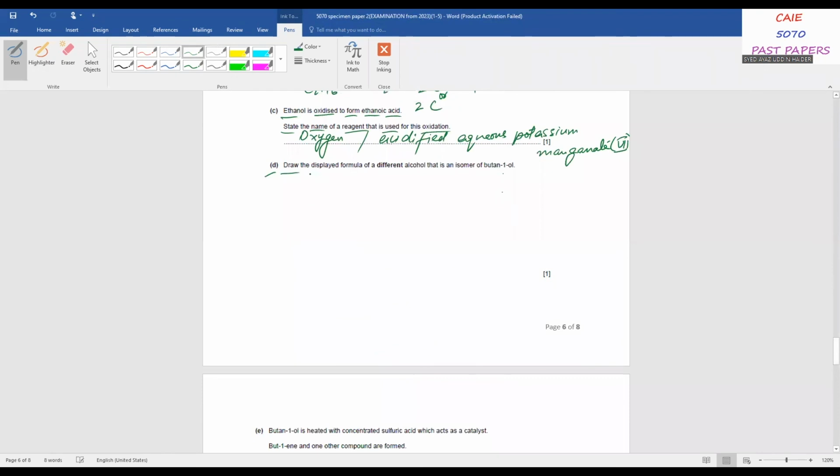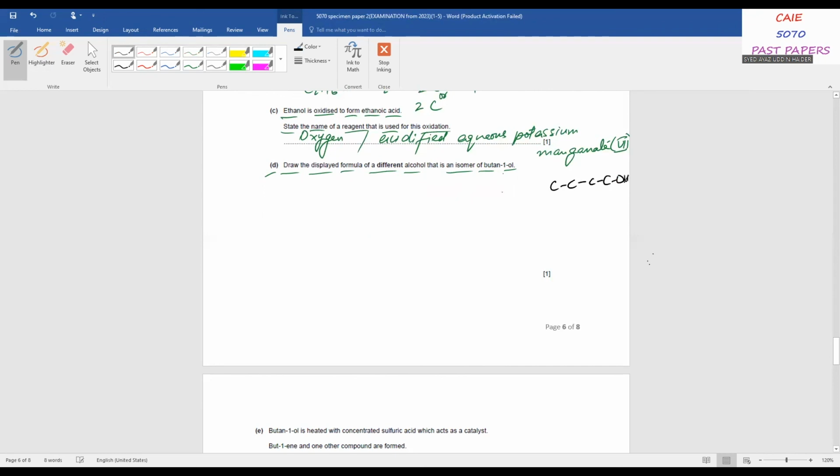Part D. Draw the displayed formula of a different alcohol that is an isomer of butan-1-ol. Now let's look at the structure of butan-1-ol. I will draw the structure of butan-1-ol here on the left hand side. This is the structure of butan-1-ol. 1, 2, 3, 4.